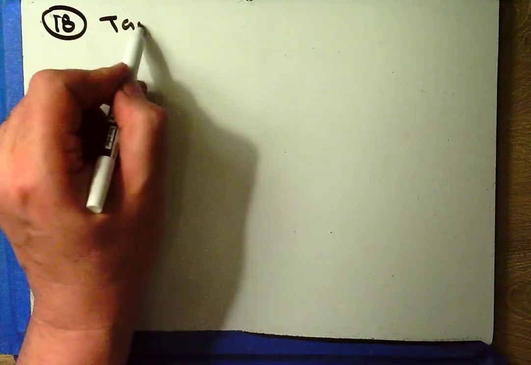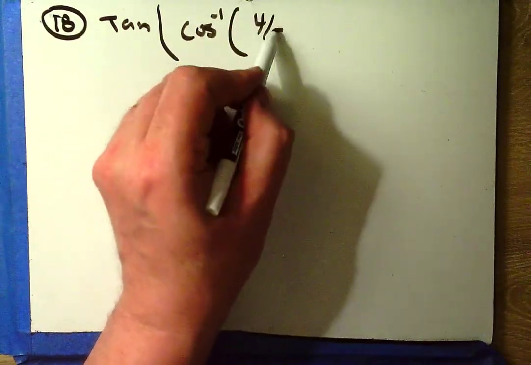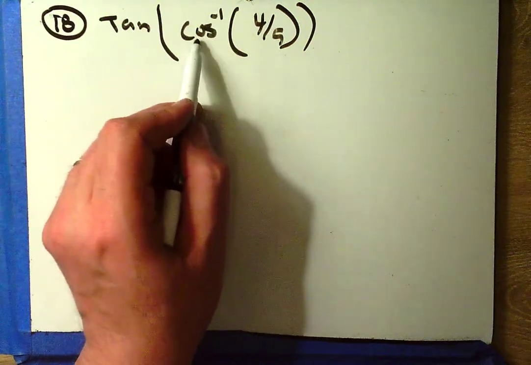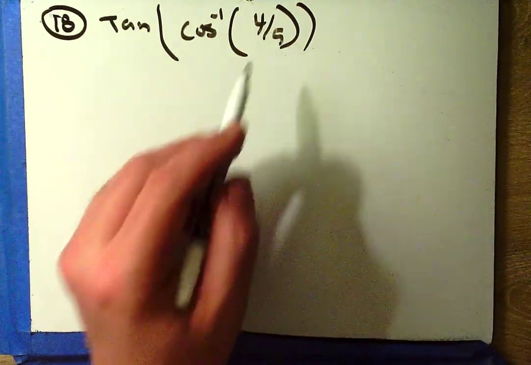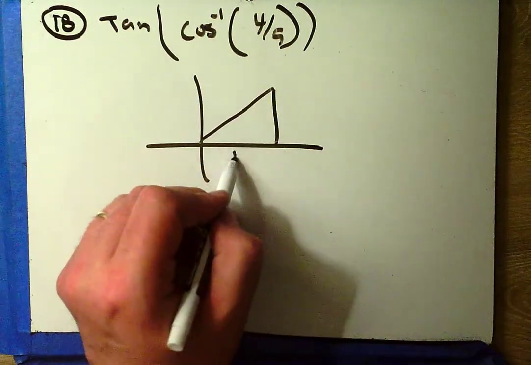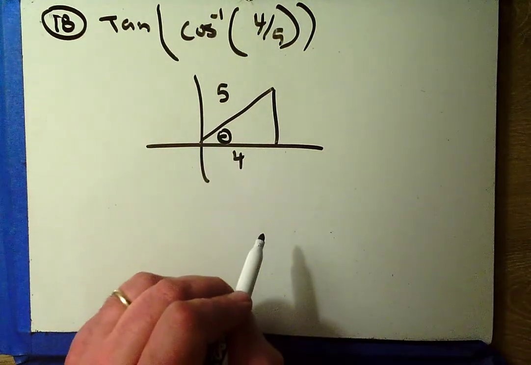Let's take a look at 18. 18 is a draw-a-triangle problem. Tangent of cosine inverse of 4/5. So what angle has a cosine of 4/5? I'm going to draw a picture. Cosine is adjacent over hypotenuse, and I say this angle does.